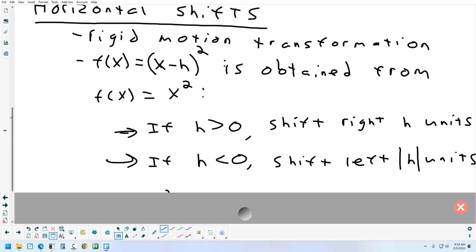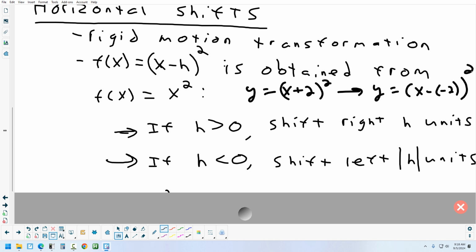So what I always do is I always try to put it in terms of x minus something. So like if I had a problem like x plus 2 squared, I think of it as y equals x minus -2 squared. If you think of it as x minus something all the time, then you can look at what's after the minus sign.